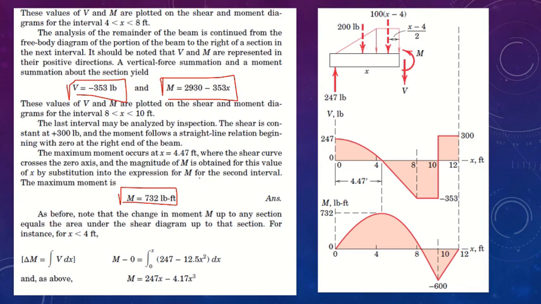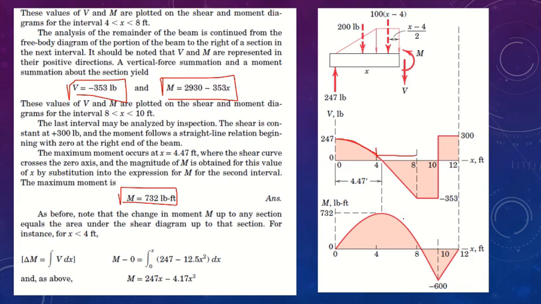From 4 to 8, the second set of equations is going to work, and as you remember, from 8 onward there is a constant shear force of minus 353 pound force acting on it. And once we cross the roller point, we will have a constant 300 pound force acting at the edge. So this is our shear diagram.